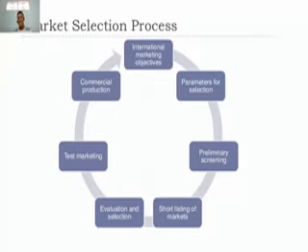International marketing objective. So, what are your objectives in going international, in engaging in an international market? And then you should have your parameters for selection or your options for selection. And then preliminary screening, siyempre yung mga parameters, mga options na yun, i-screen mo siya, di ba? Or sasalain mo siya. And then shortlisting of markets.